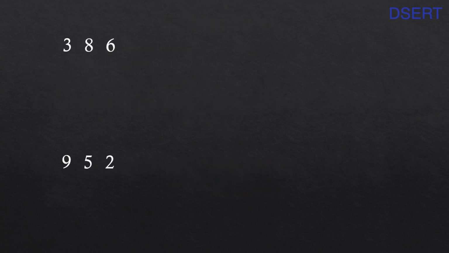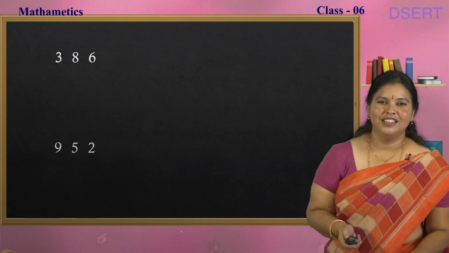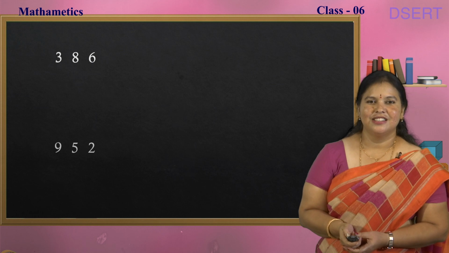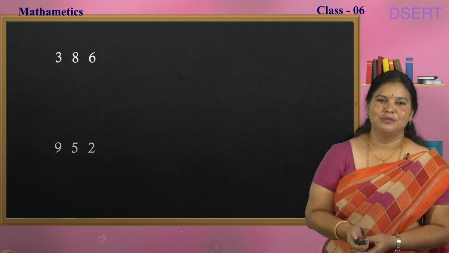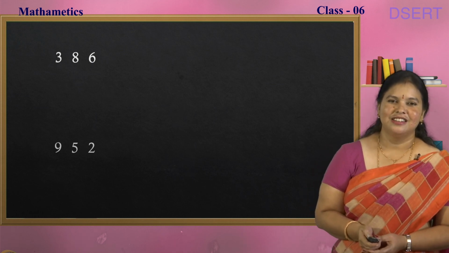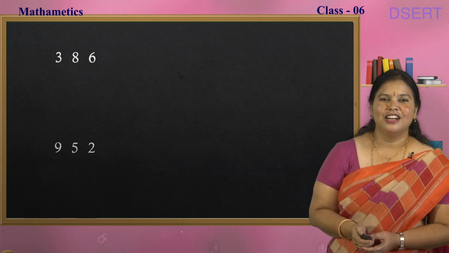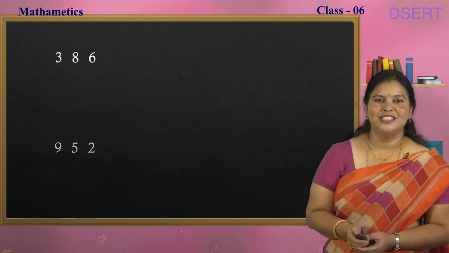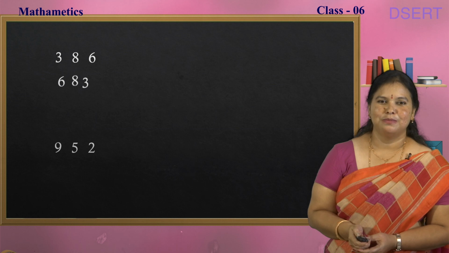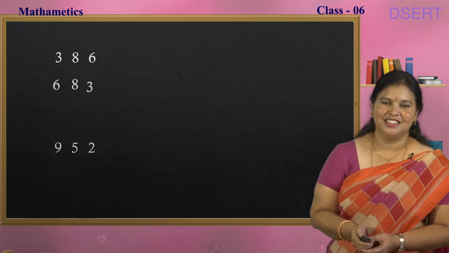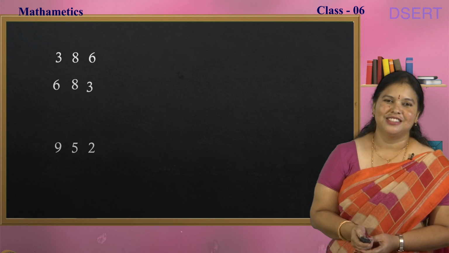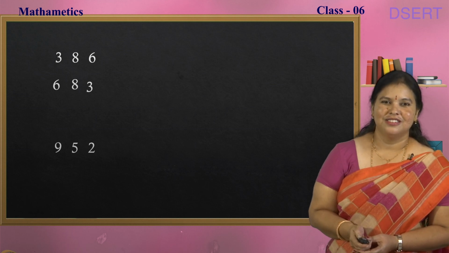We will take up some more examples like this, that is 3, 8, 6 we have, means 386. This is the former number and we will interchange 3 and 6. What will happen? See, it is 683. Which one is greater from the former number?